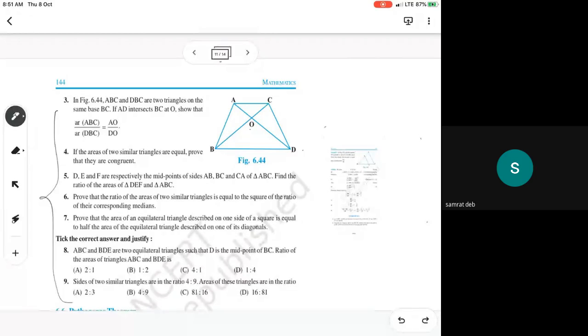Okay. So the question is given to you ABC and DBC. So I'm going to draw that triangle ABC, and DBC. Okay, is it visible to you?